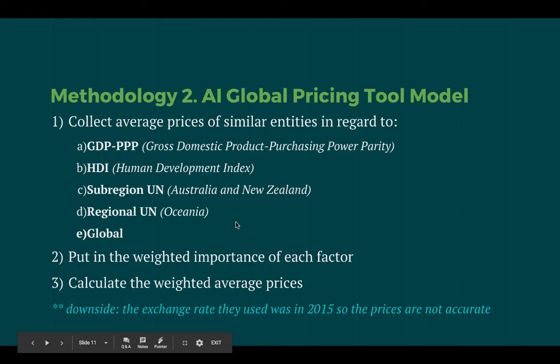And then we put the weighted importance of each factor and calculate the weighted average price that is best for New Zealand. The downside of this model is that the exchange rate they used was in 2015, so the prices are inaccurate. However, it is still a good reference for us since it considers all these factors.